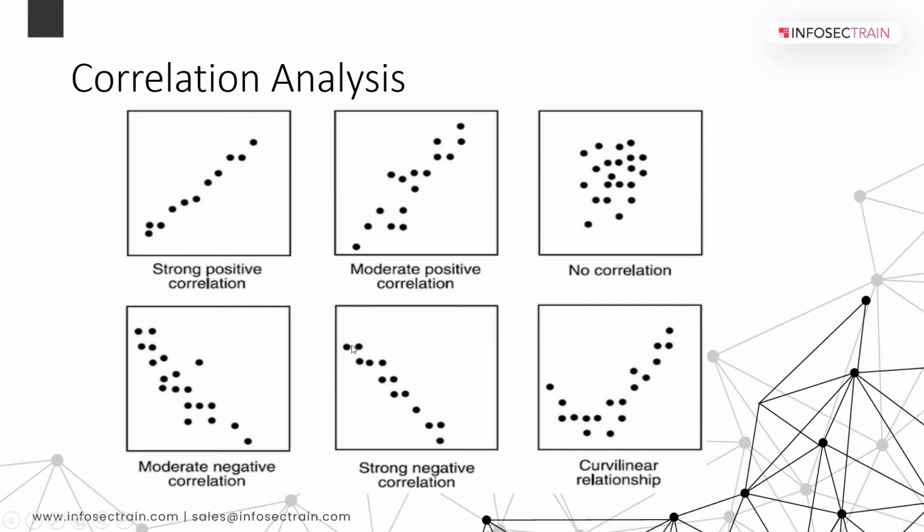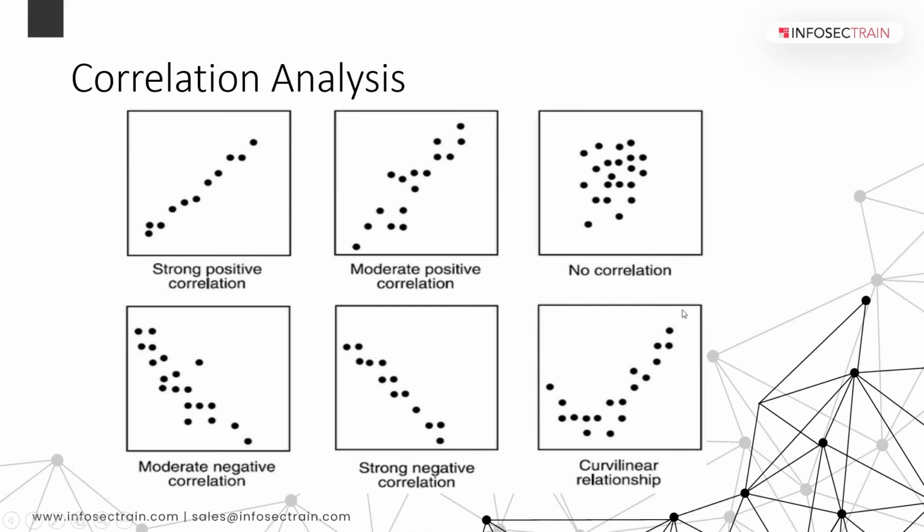If you see a downward trend as well as very small distance between the data points, then you can simply say that there is a strong negative correlation. And if you have some non-linear or curvilinear pattern, then you can say that it's a curvilinear or non-linear relationship between X and Y.